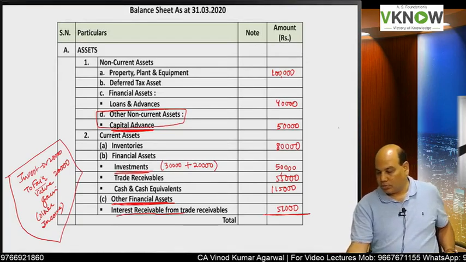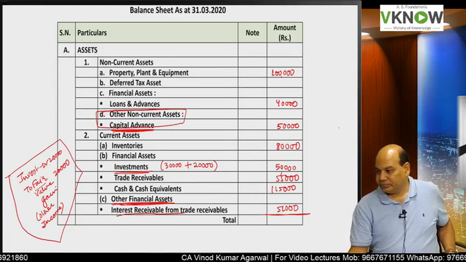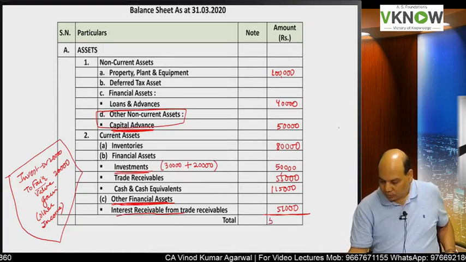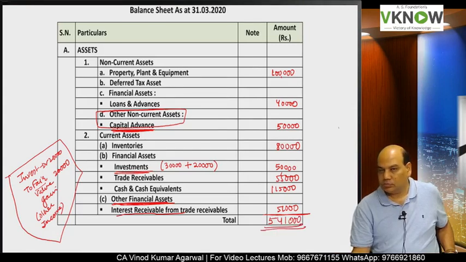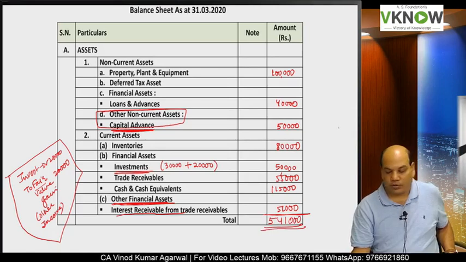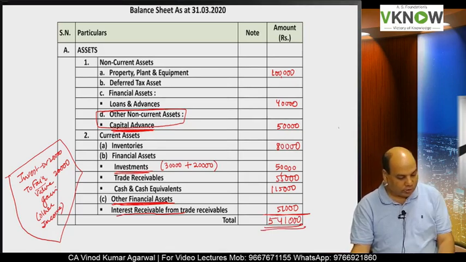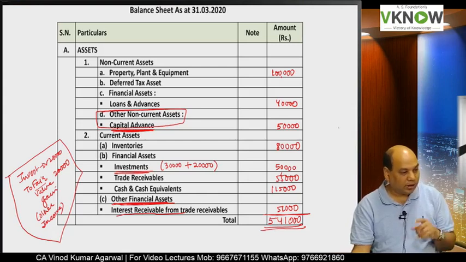Asset side total 5,41,000 is right. 5,41,000. This is a very important question asked in November 2020 RTP, November 2021 MTP.